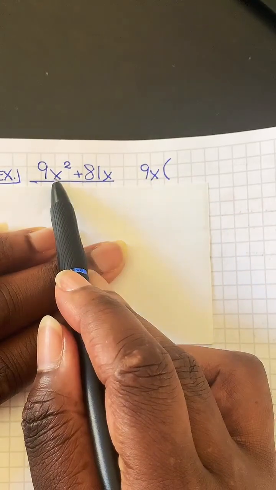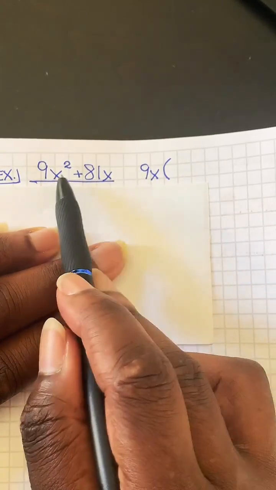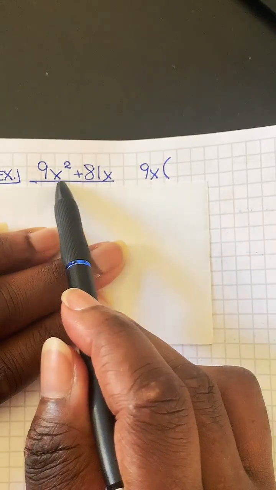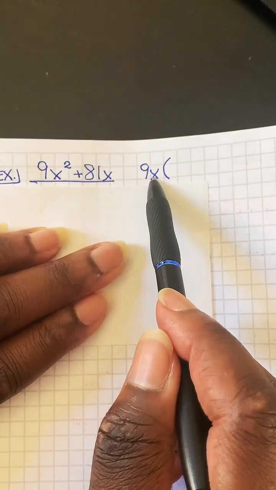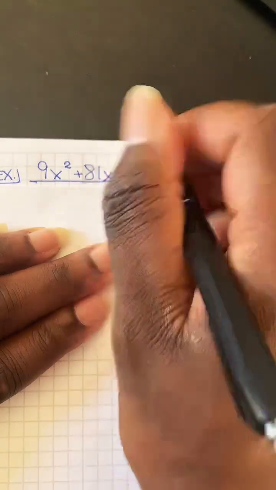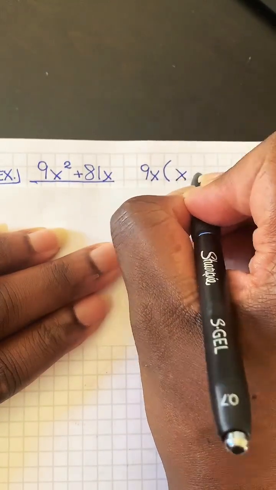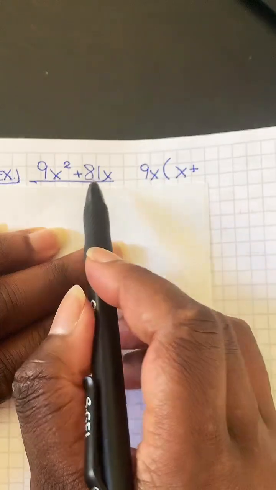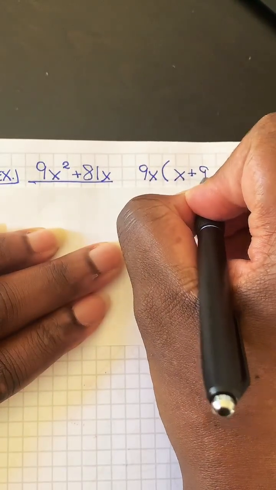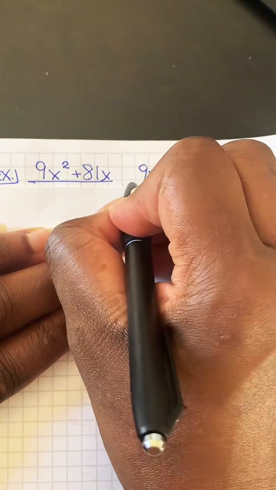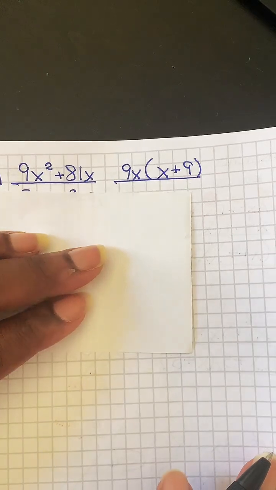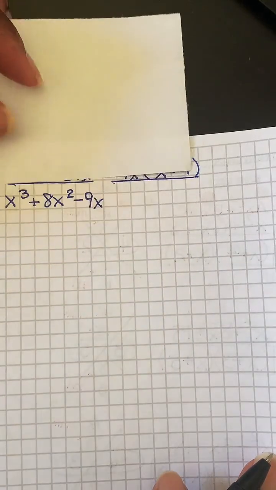This has 2 x's, this has 1 x, so they have at least 1 x in common. Now we're going to take this original and divide by that GCF. So 9x squared divided by 9x gives me x. Bring down my plus sign. 81x divided by 9x gives me 9. All right. So my suggestion, let's factor everything before we do anything else.